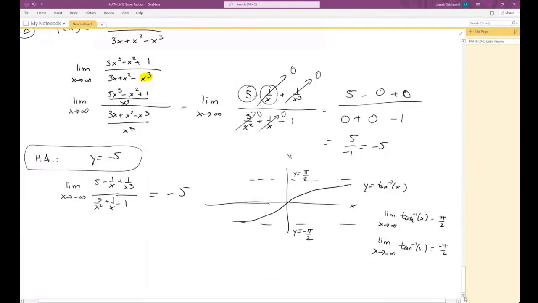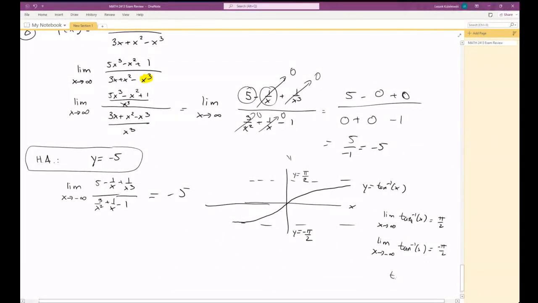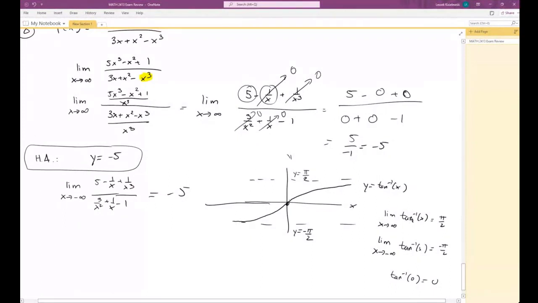And also the inverse tangent at 0, right? All right. So somebody asked me to do a limit. I don't want to do that one, not yet.